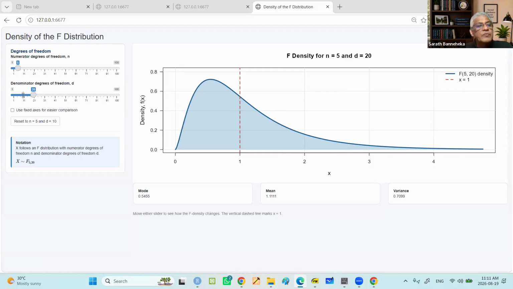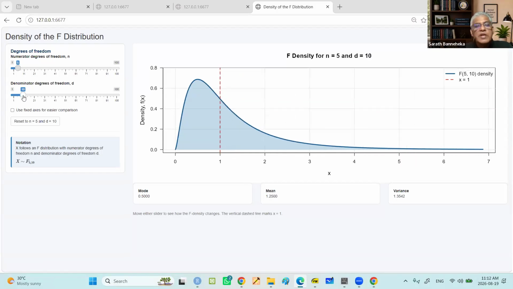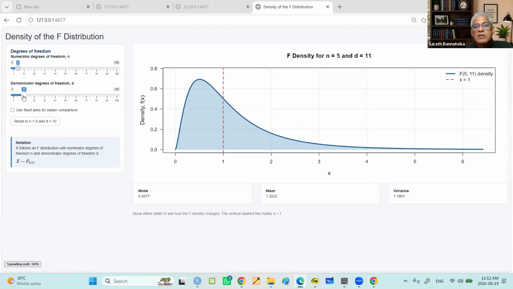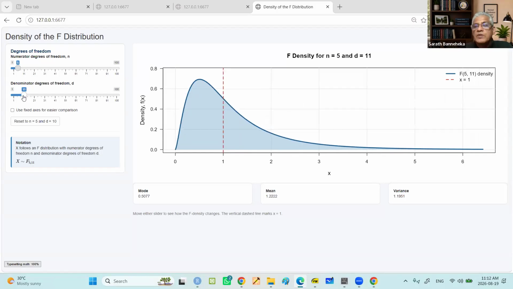Let me start again with 10. When I increase this, the scale also changes, so it's a little difficult to see what happens.